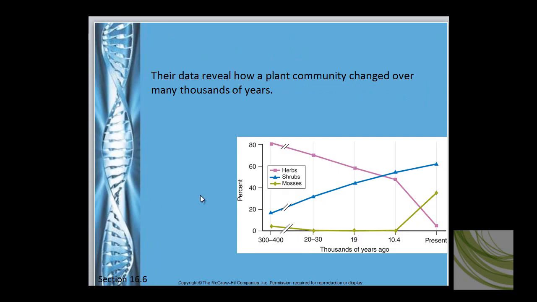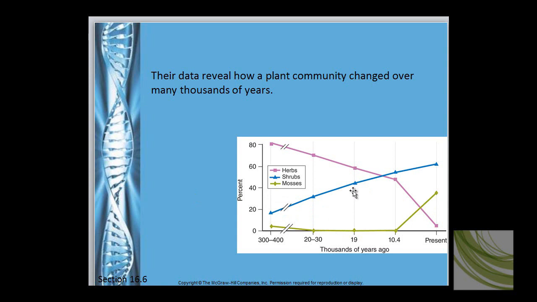And we're using drilling in the permafrost to actually look at the prevalence in our society of certain plant groups. So if we look at 300,000 years ago, the mosses were not very widespread, but then they took a big jump up. We got an increase.